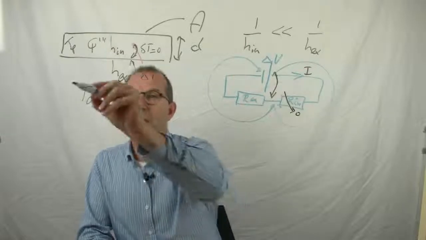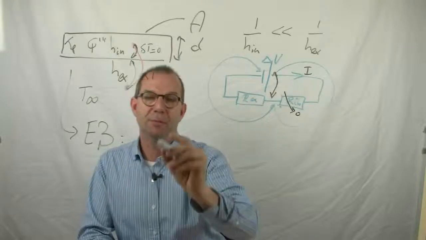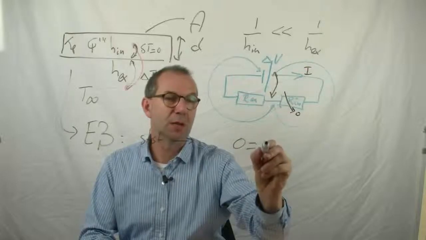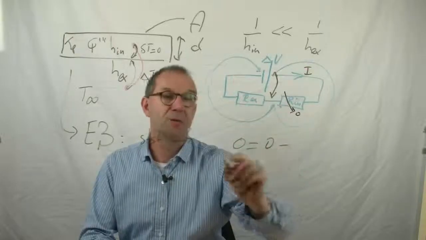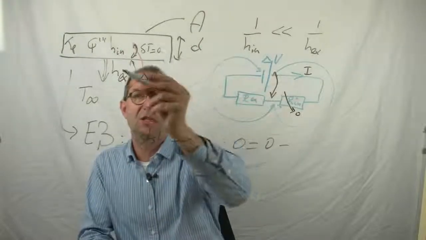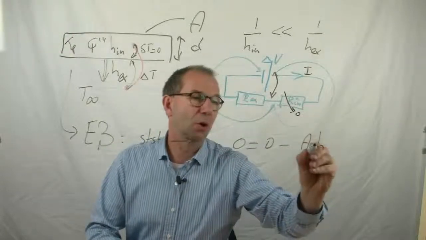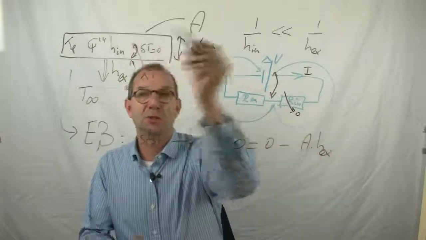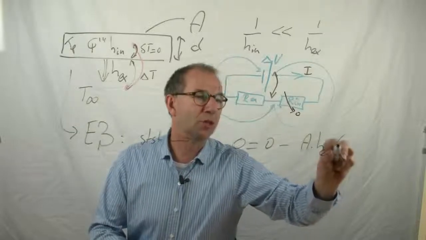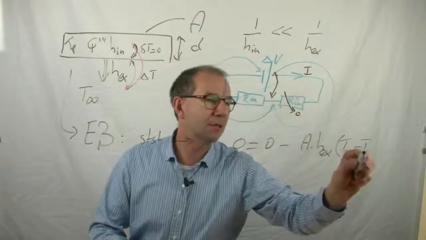And if I need to compute it, I set up an energy or a heat balance over the entire plate. And in steady state, that reads as 0 equals what is flowing in, nothing, minus what is flowing out. Well, there is heat flowing out in a steady state, because by the heat production this is heating up. So area times Newton's cooling law, H external, because the internal doesn't matter, there's no resistance there, times the driving force, which is the temperature of the plate minus the temperature far away, that's T infinity.